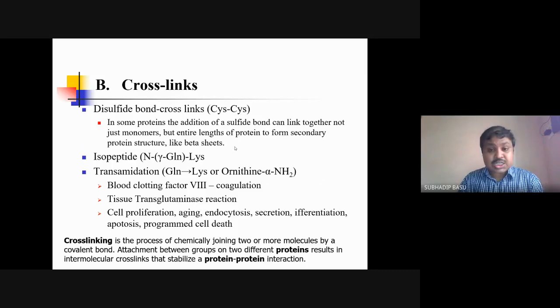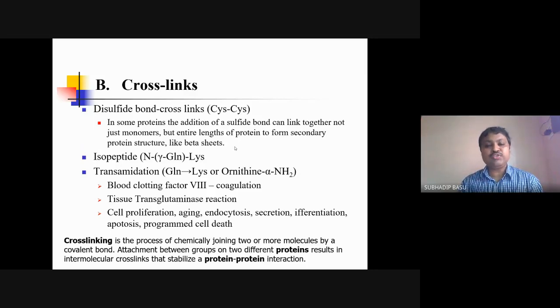Maybe it forms a beta sheet, or it can also help in stabilizing protein-protein interactions, where two different side chains are joined together through a covalent bond. So that is called a cross-link. So PTMs also initiate different types of crosslinks.